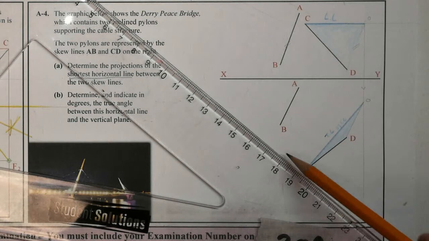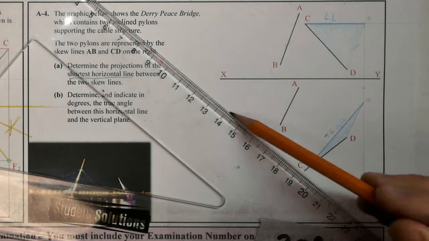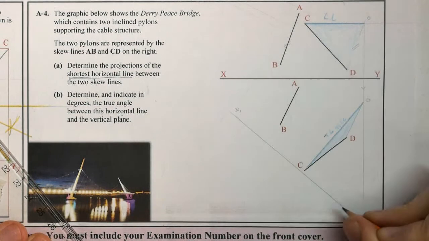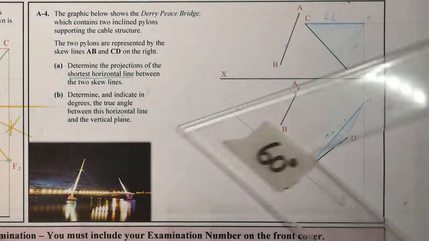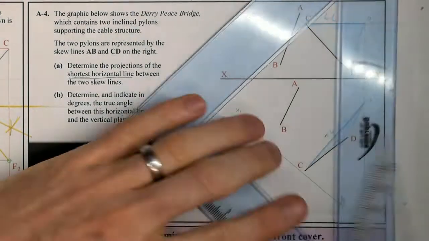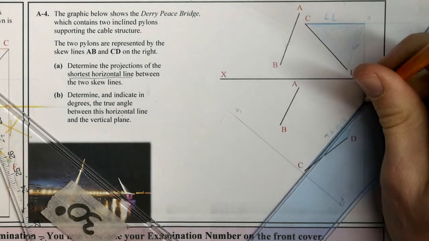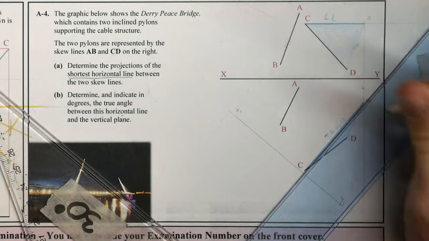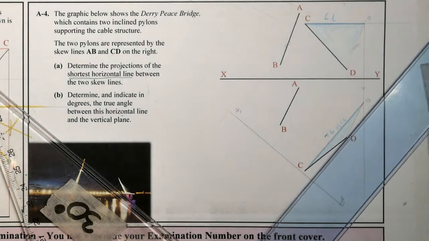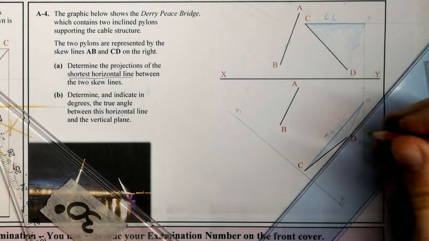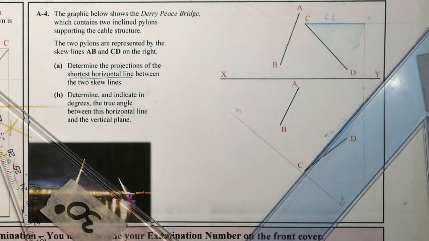Here is my x1, y1, and I want to look along a true length line, so all those points are projected out perpendicular to my x1, y1.